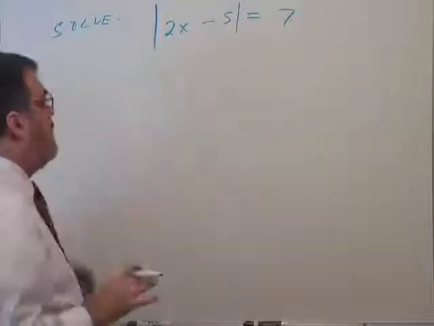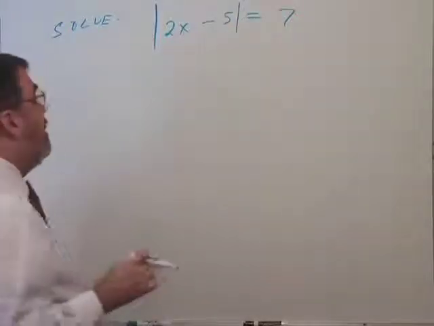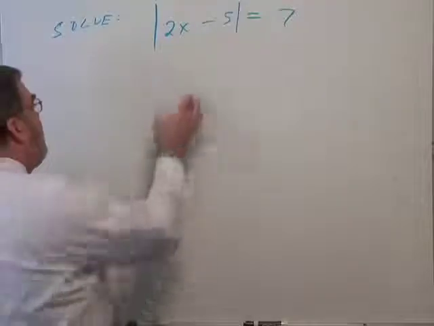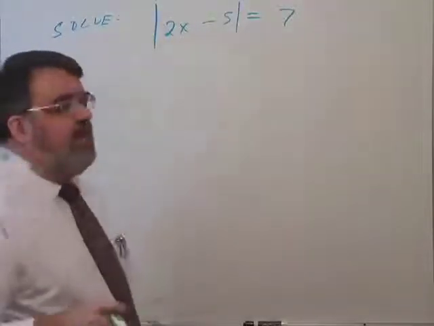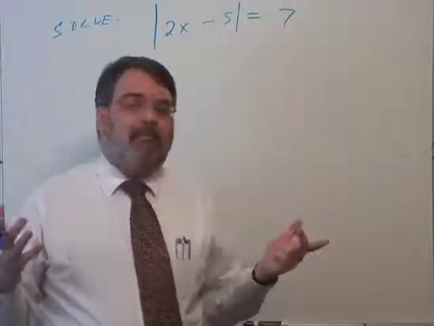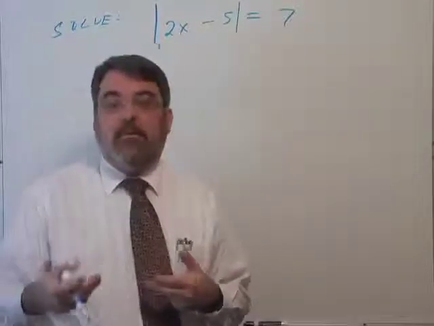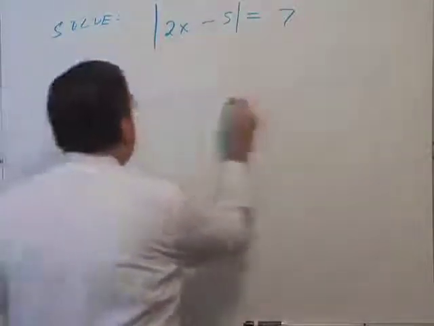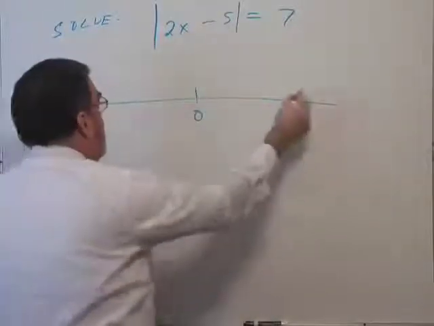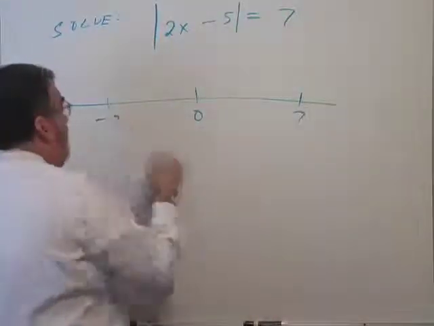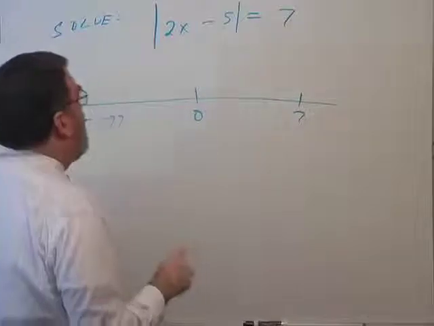This 2x minus 5 represents some points that are a distance of 7 from 0. And so on the number line, here is 0. 7 and negative 7 are a distance of 7 from 0.